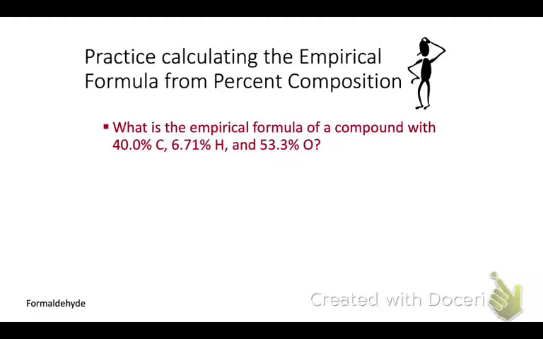And now, what is the empirical formula of a compound with 40.0% carbon, 6.71% hydrogen, and 53.3% oxygen? I'm going to give you a hint so you know if you did your work correctly. The answer for this question will be the compound formaldehyde. And formaldehyde is the following compound.